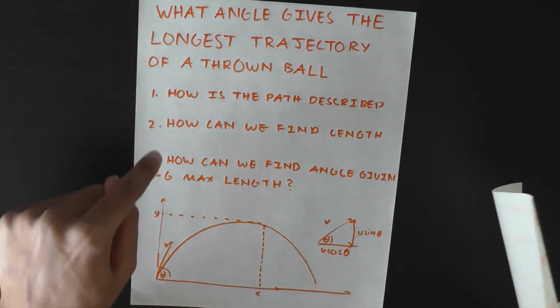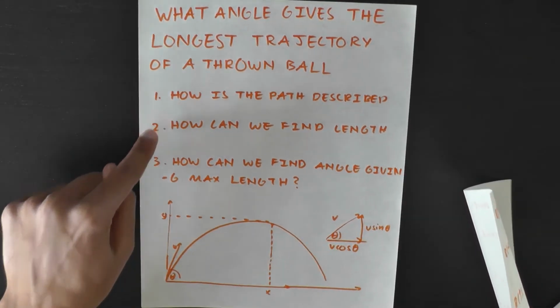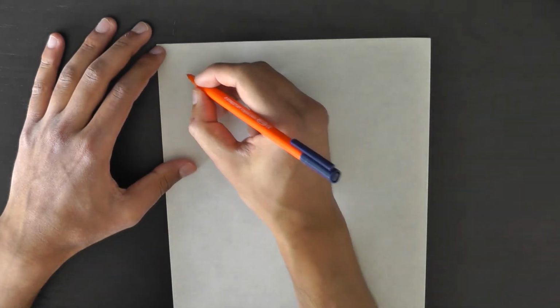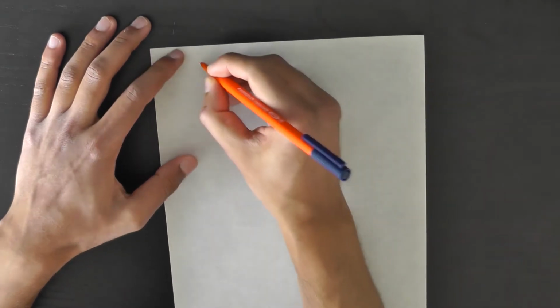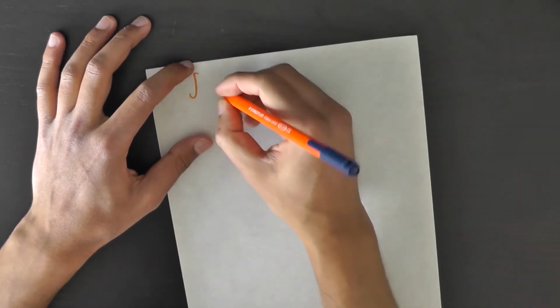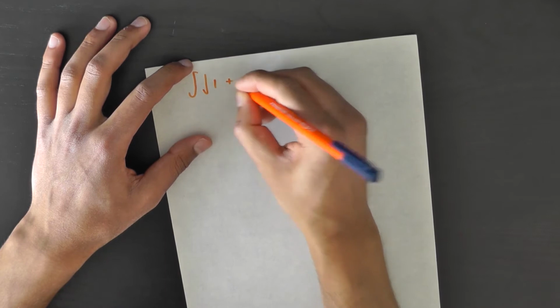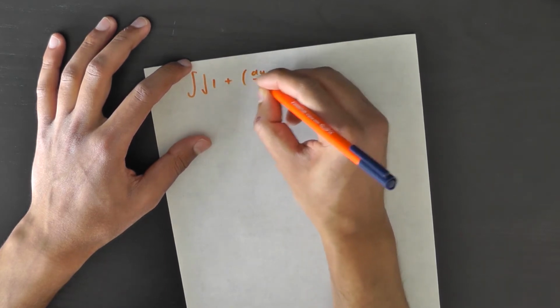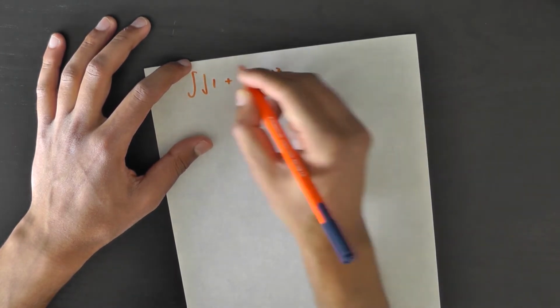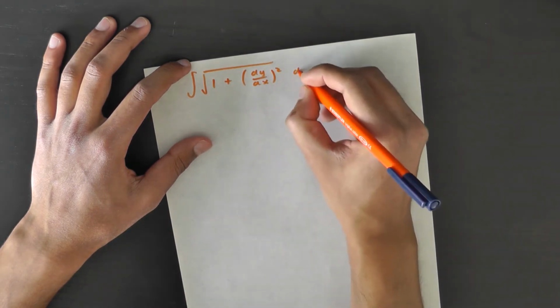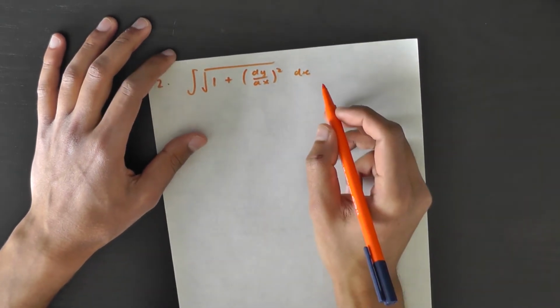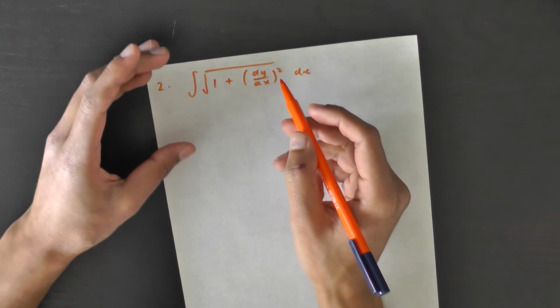How can we find the length? Here's where this thing called the arc length integral comes in. It looks a bit like this. So what do we mean by this, and what exactly does it do?